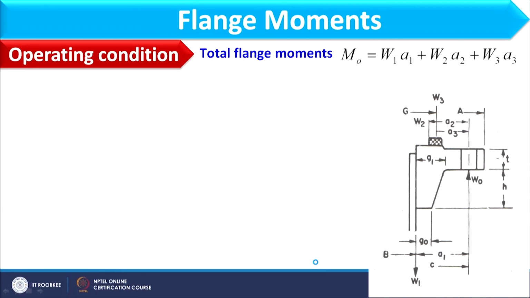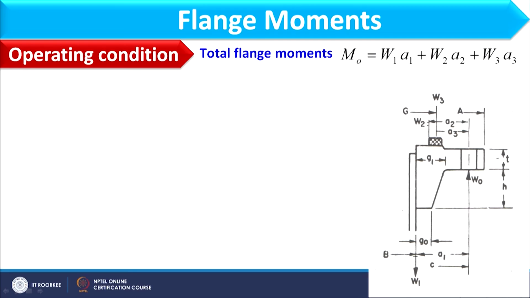So, the total flange moment would be calculated as M naught, which is equal to W1 A1 plus W2 A2 plus W3 A3. A1, A2, A3 you can see in this image. All these distances are found on the basis of W naught. W naught will act over here. This is A, this is A1, here I have A2 and here I have A3.